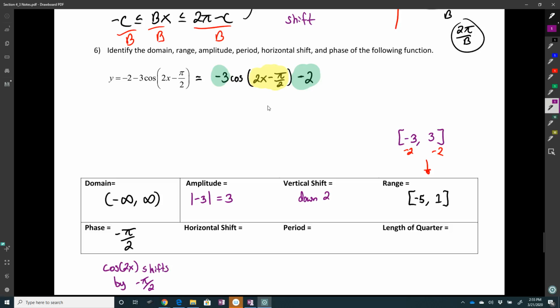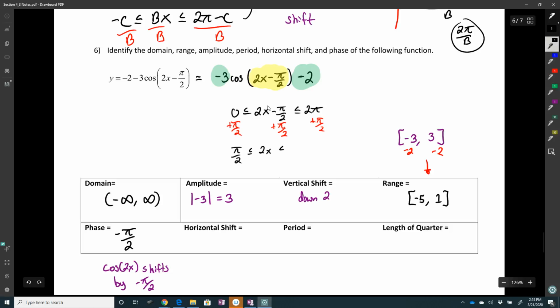My horizontal shift, okay, you can use the formula, or you can just, if you want, put this between 0 and 2 pi. So I have pi over 2, 2x, and then 2 pi plus pi over 2 gives me, did I get it right? Yeah. So 2 pi plus pi over 2 gives me 5 pi over 2. I had it wrong in my notes.